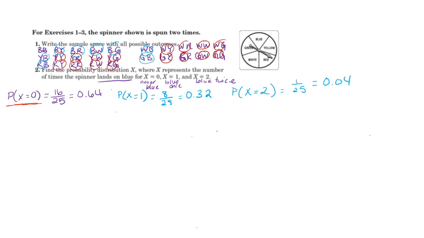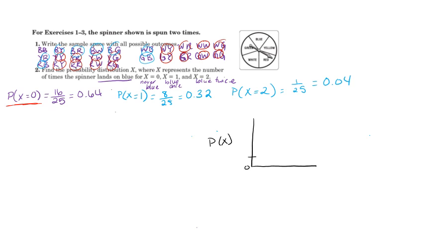And for some reason, I didn't put that over here in the notes, but I will. So let's just copy that over here. This is the probability of X. This is 0.